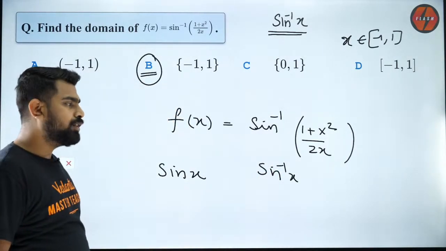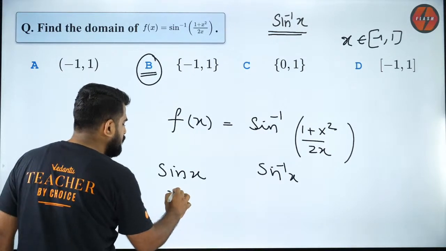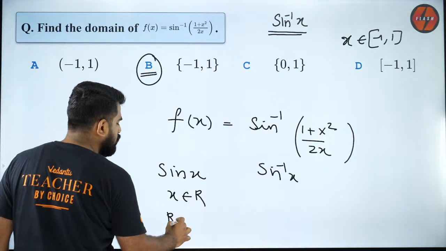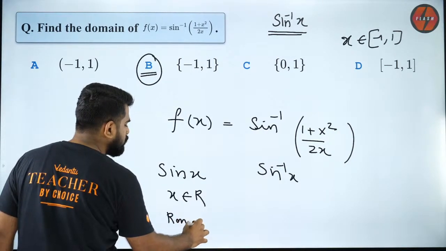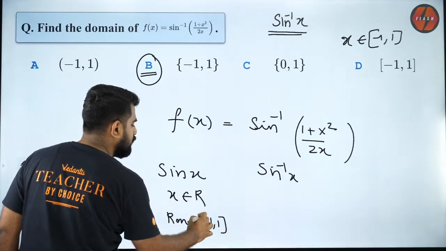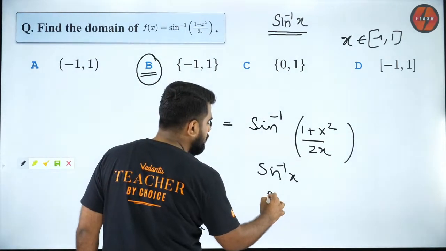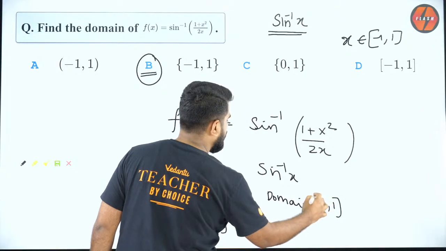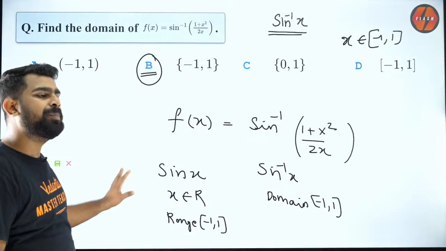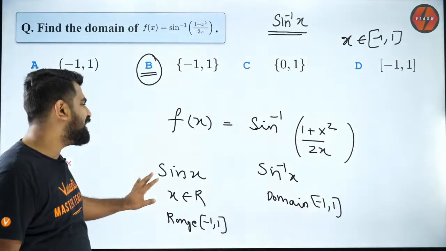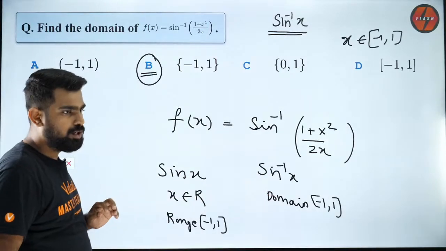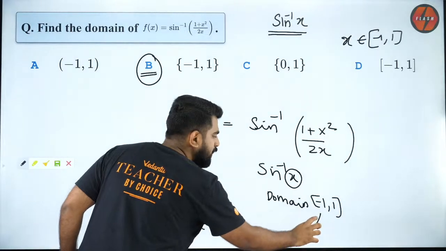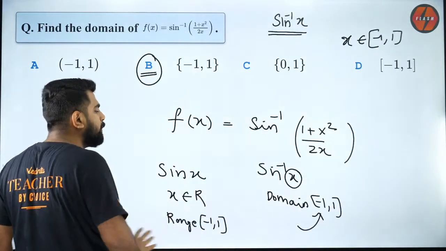The domain of sine x is all real numbers, whereas the range is minus 1 to 1. Whereas here, the domain is minus 1 to 1. So sine inverse of x, whatever x can take is in between minus 1 to 1, not anything beyond that.